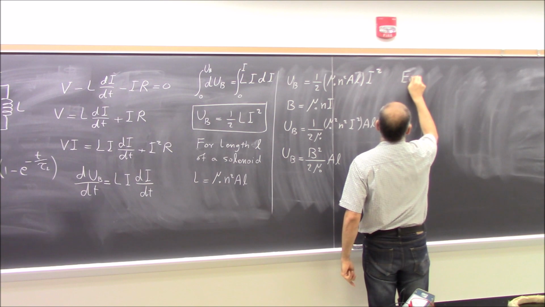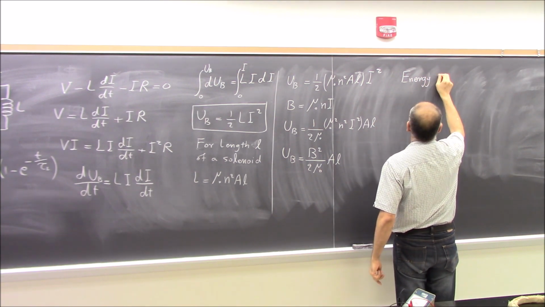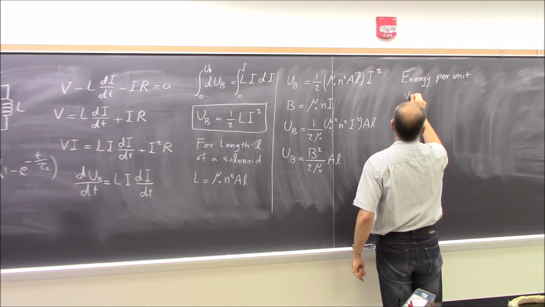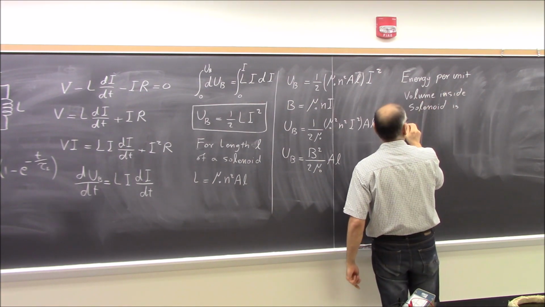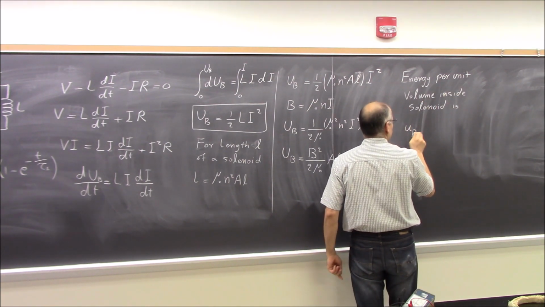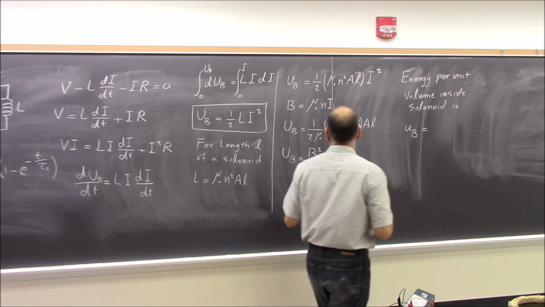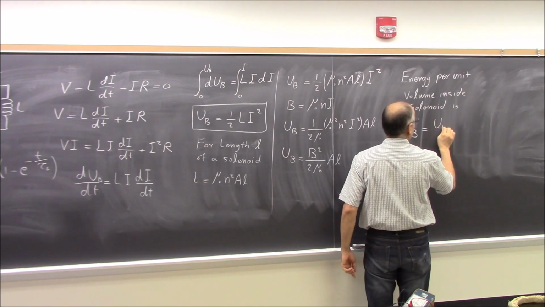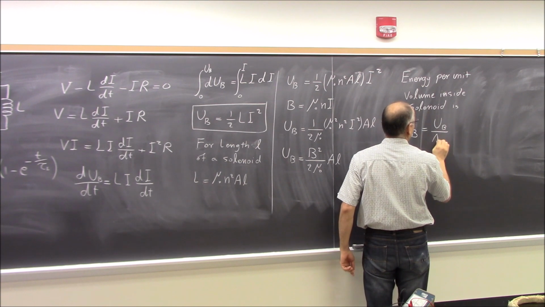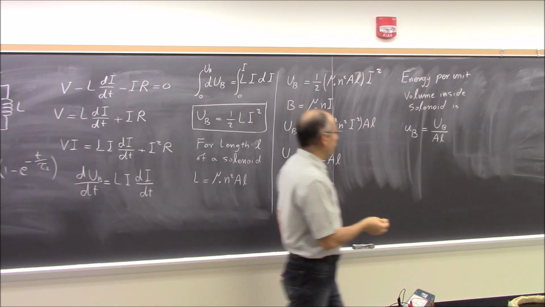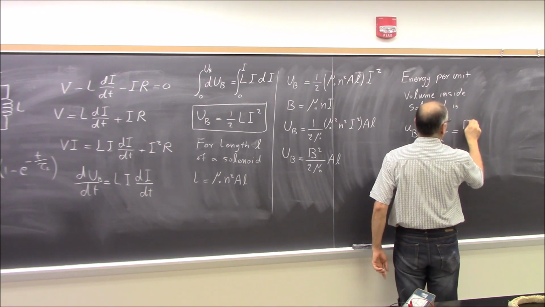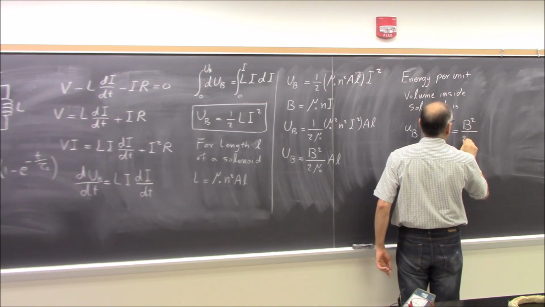Energy density, energy per unit volume inside the solenoid, defined by lowercase u_B, is the total energy U divided by the volume, which is A times l, which is B squared over 2 mu naught.